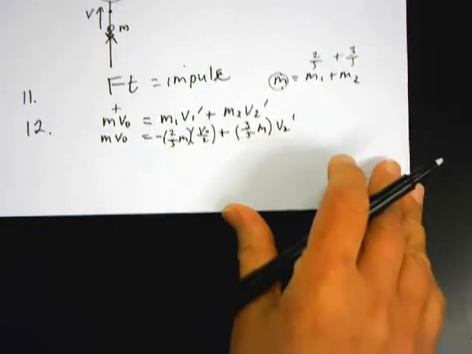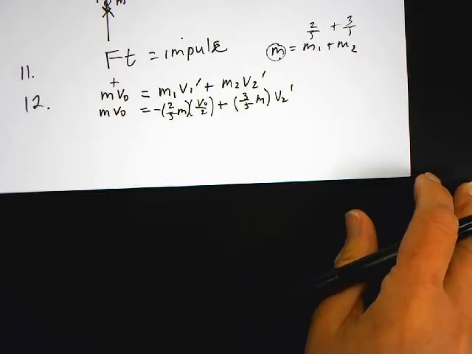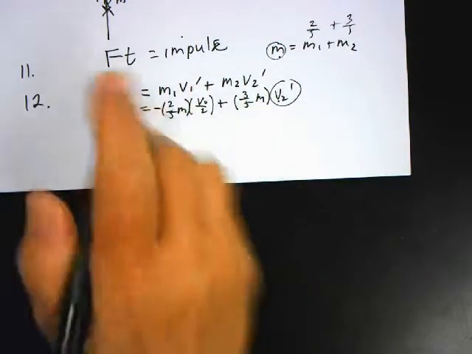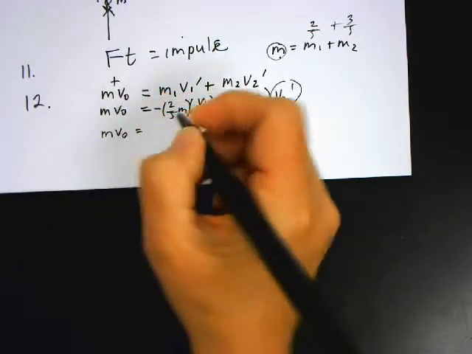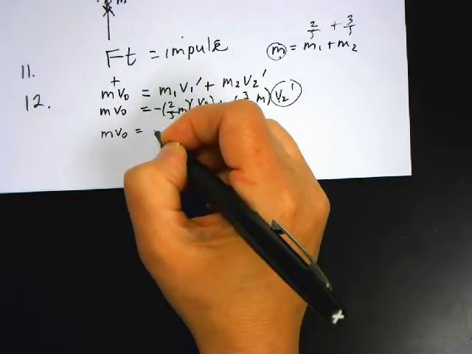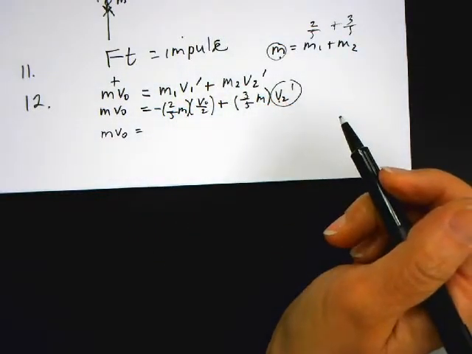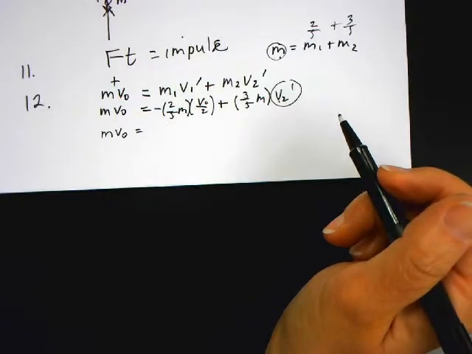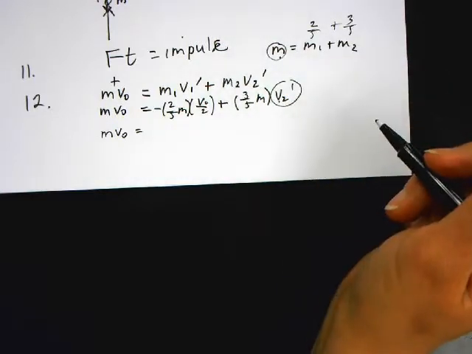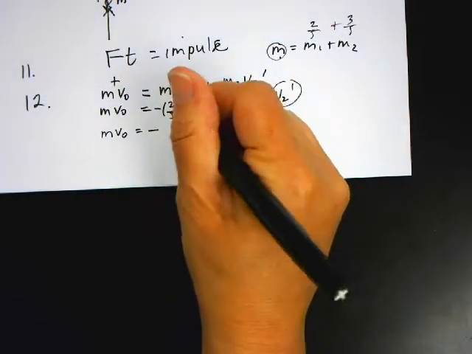Now after this, it just becomes an exercise in algebra. This is the velocity I want to find. So I would multiply this out, m v naught, and then 5 over 2. Then you end up basically doing stuff with fractions. After you do that, you just rearrange it and solve for v2 prime. So minus, well, these 2's are going to cancel.